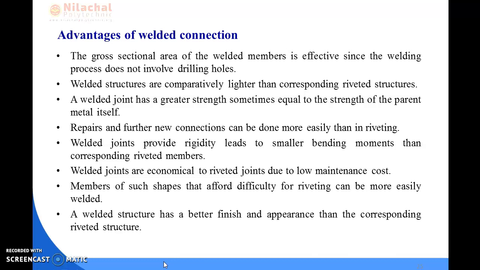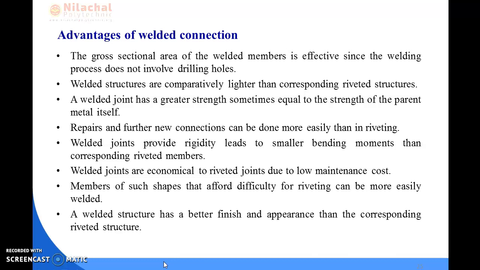That means in case of welded connection, there is very little need for inspection. In case of bolted connection, we need to inspect that area or that structure twice in a week for good maintenance.